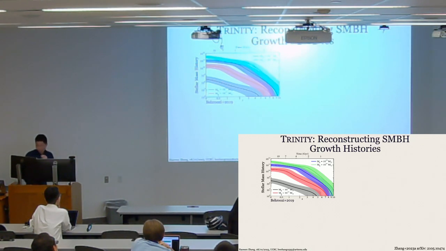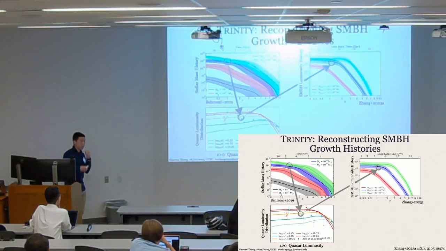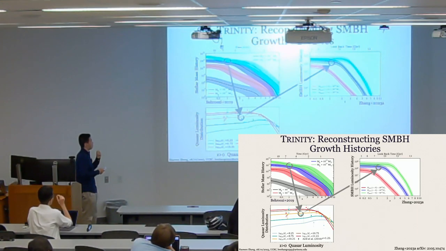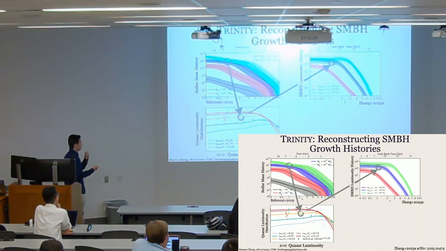And if, on top of that, we add the quasar luminosity distributions in different galaxy mass bins, we can then figure out how much black hole radiation is given out by black holes in different galaxy populations at different times. In other words, this is just the black hole luminosity history.